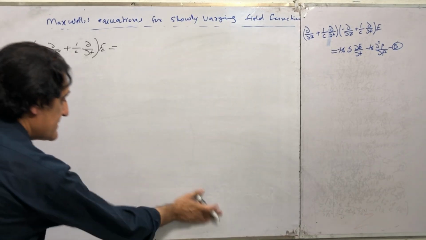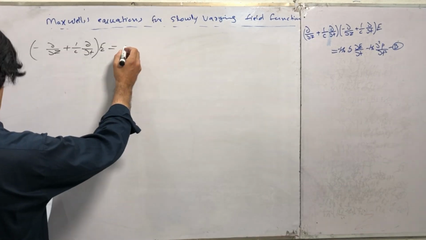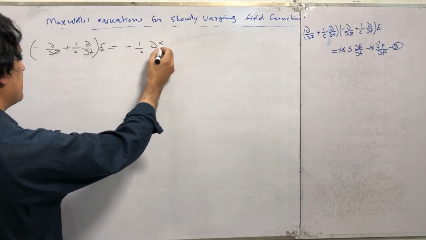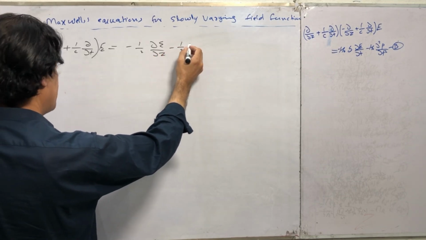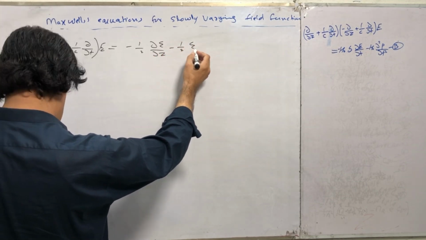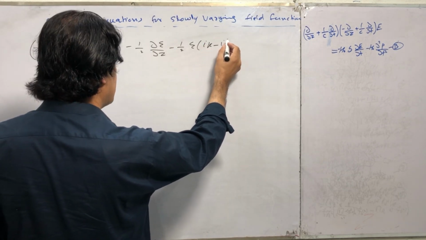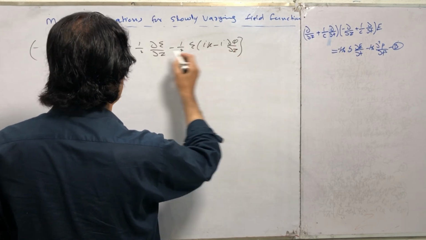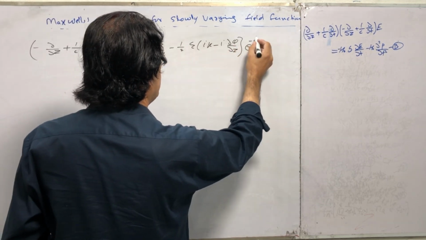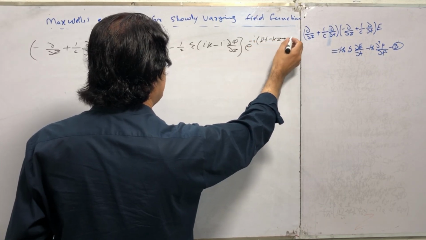From the previous equations, we can take the exponential term common, such as minus 1 over 2 partial e divided by partial z minus 1 over 2 e into iota k minus iota partial phi divided by partial z, e to the power minus iota nu t minus kz plus phi.